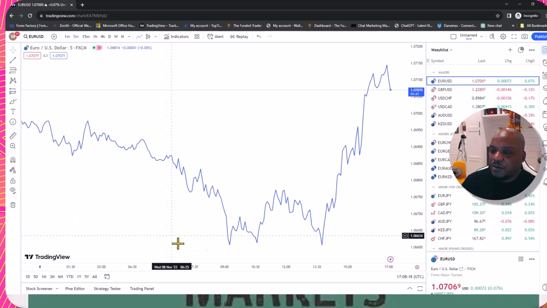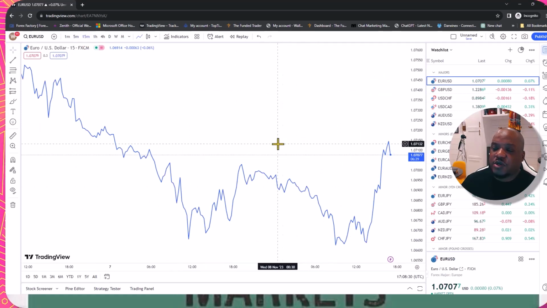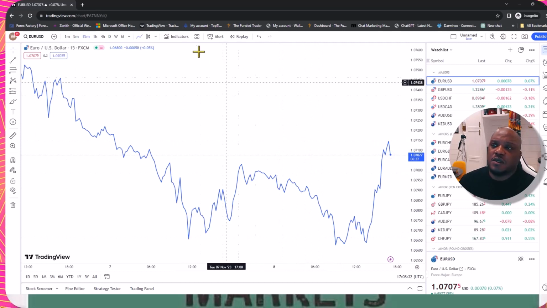On the 5 minute, I'm able to see down below what price is every 5 minutes. On the 15 minute, I'm able to see what price is every 15. And so it's recording price in time intervals.